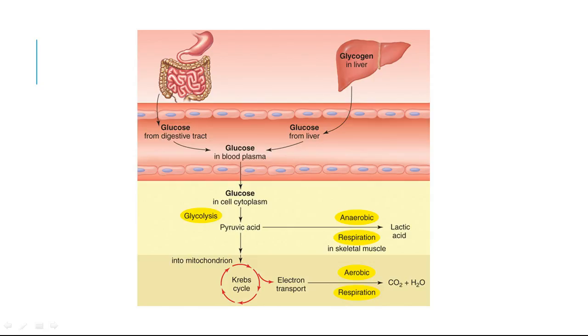So oxygen won't directly be used in these initial processes, but its presence dictates whether or not pyruvic acid is transported into the mitochondria. If it's absent, pyruvic acid is going to be fermented. And once it's fermented, it's not pyruvic acid anymore. Does that make sense? We've changed it to something different.